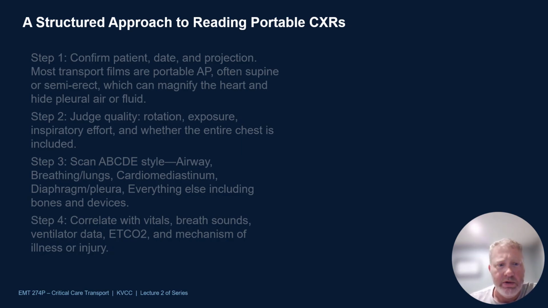So step one is to confirm the patient, the date, and the projection or the type of x-ray. Most are portable AP, usually supine. That can magnify the heart and hide pleural air or fluid. Take a look at the quality for step two. The rotation of it, is it symmetrical?